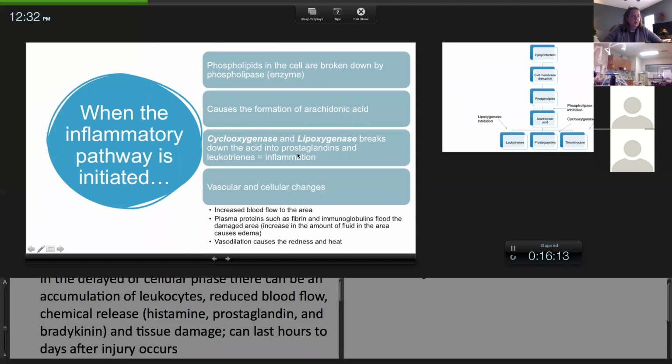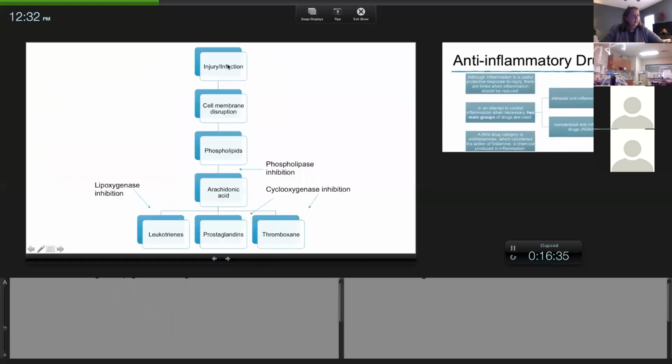Cyclooxygenase and lipoxygenase break down the acids, the prostaglandins, and that causes the inflammation. You get the vascular changes because now the vasculature in that area is more permeable. You get the increased blood flow, plasma proteins, vasodilation, redness, and heat. So this is all that initial phase: injury, lipoxygenase, prostaglandins, thromboxane.